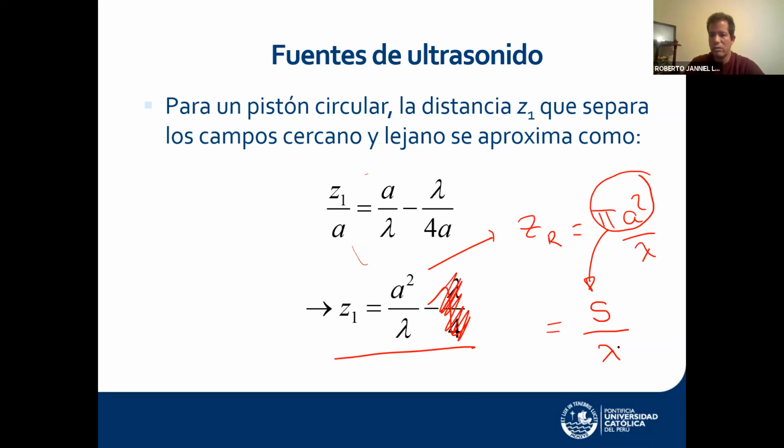So it's kind of nice, you can generalize this kind of thing with new knowledge, and it makes sense. It's a two-dimensional object, so you would think the bigger it is in terms of its overall dimensions compared to a wavelength, the farther out the far field and near field should be separated.